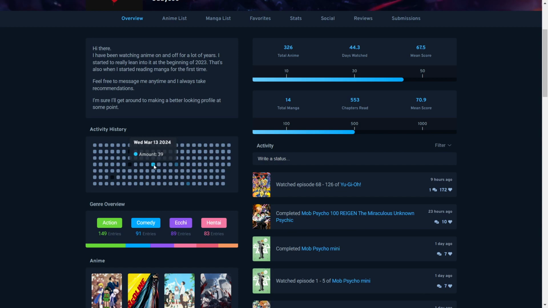That was a day I put loads of anime on plan to watch because I had loads of recommendations. So that's why it's got 39 activities on that day. Because that is showing, even though I've got three activities here, it's still that grey color. Even though I've got seven activities here, six, four, it's still that color because it uses the highest activity count still showing as a precedent for all the other colors.